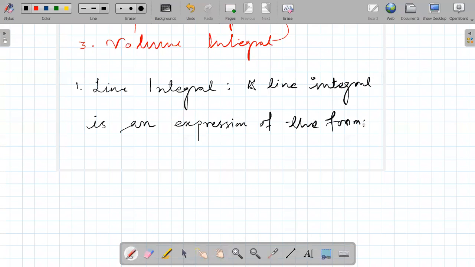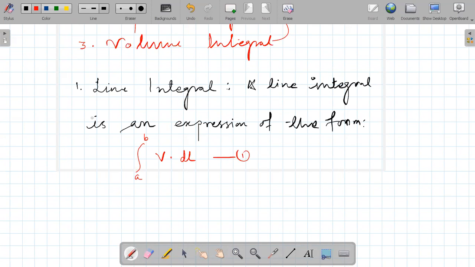What is the form of line integral? A line integral is in the form of integration of v dot dl from a to b. I will write here equation number one.